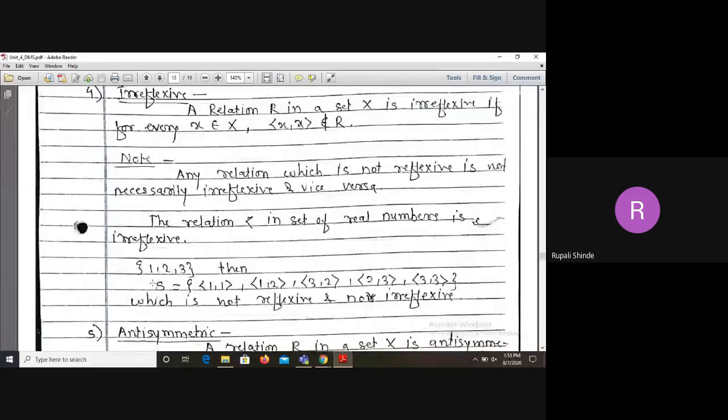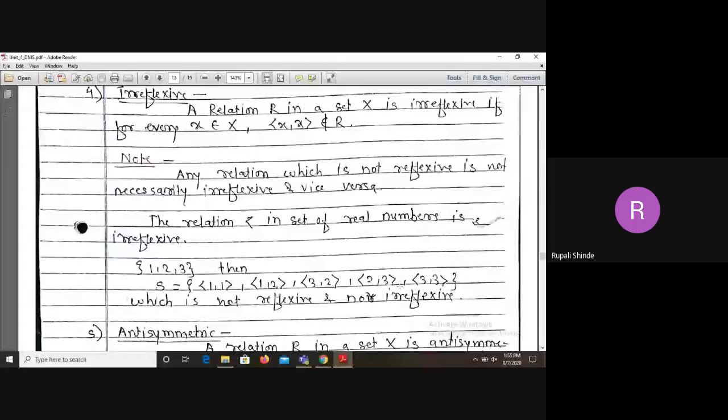Suppose your set contains 3 elements, 1, 2, 3, and the relation is defined as (1,1), (1,2), (3,2), (2,3) and (3,3).